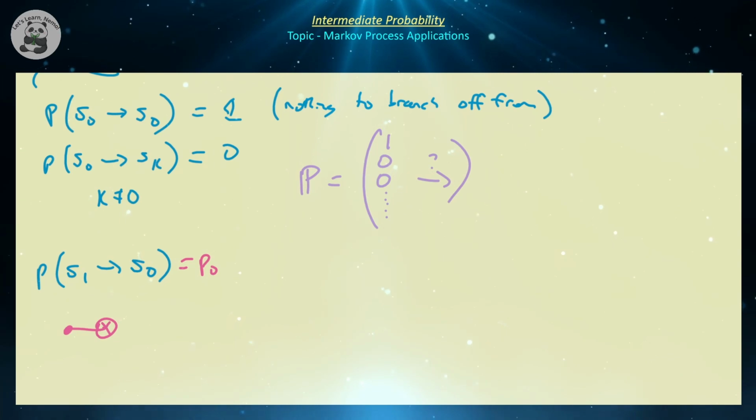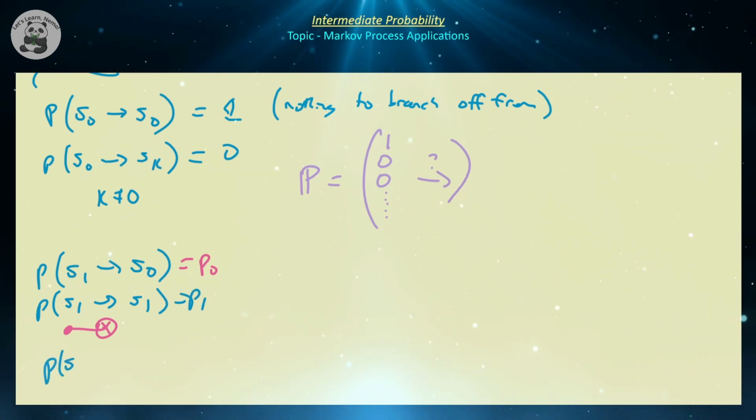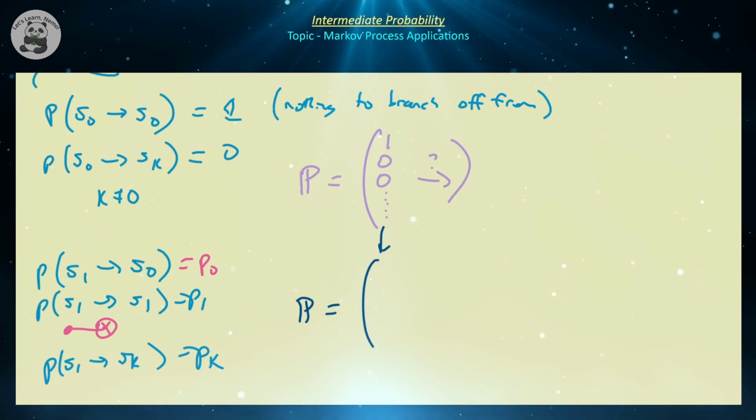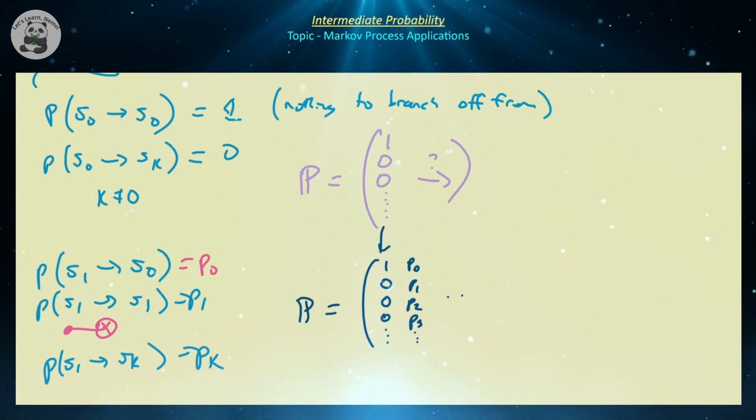And if I change this to the probability of S1 branching off into S1, that's going to be equal to P1, and I can generalize that the probability of transitioning from S1 into SK is going to be equal to PK. So now we can evolve our stochastic matrix and add our next column. We're going to have 1, 0, 0, 0, and so on, and here we're going to have P0, P1, P2, P3, and so on.